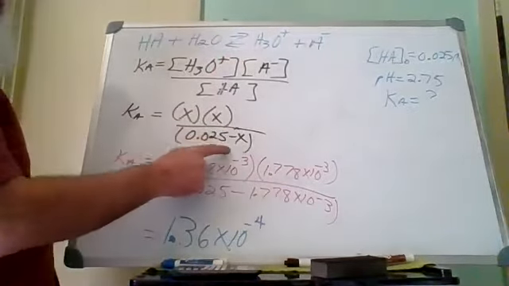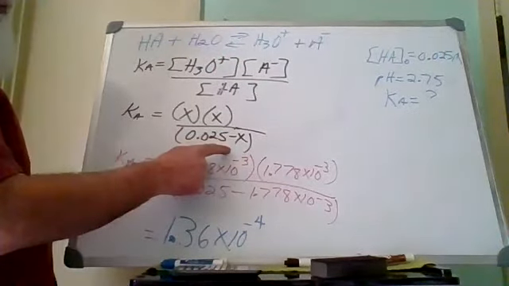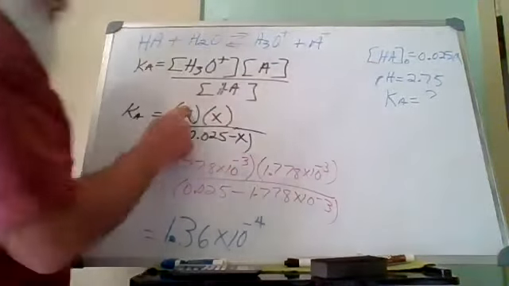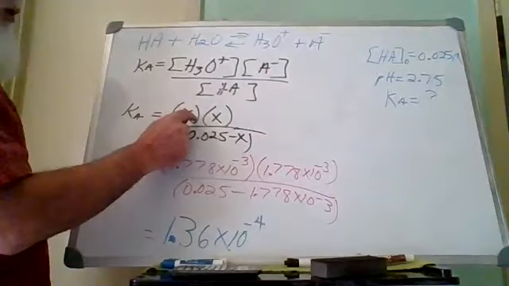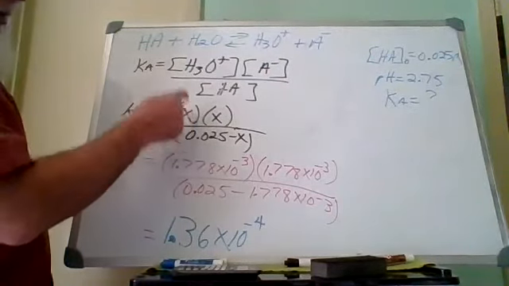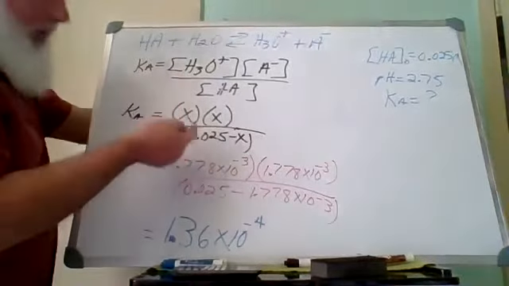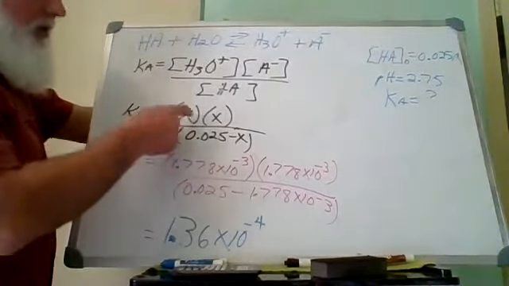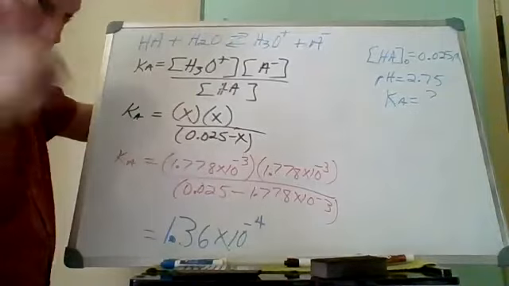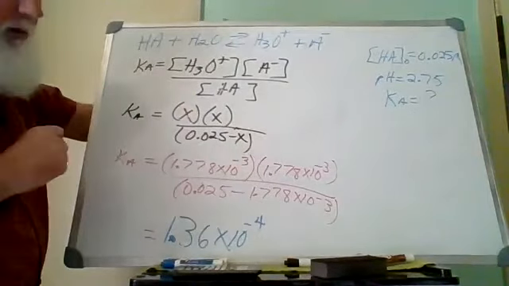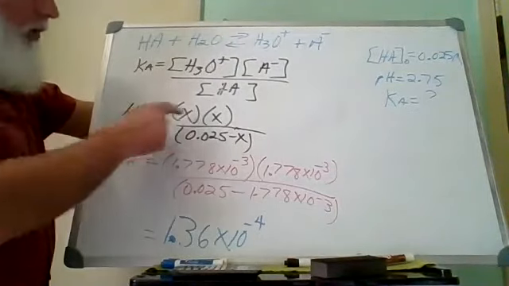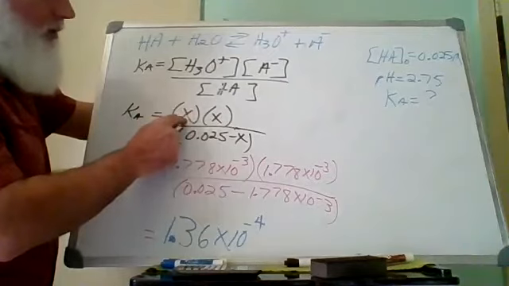Next step, we just substitute in the values from the last line of the ice table. From the pH, we were able to figure out what the hydronium ion concentration is. Again, that expression, hydronium ion concentration equals 10 to the negative pH. You remember that equation. You're going to need that quite often. That's how we figured out what this X is.